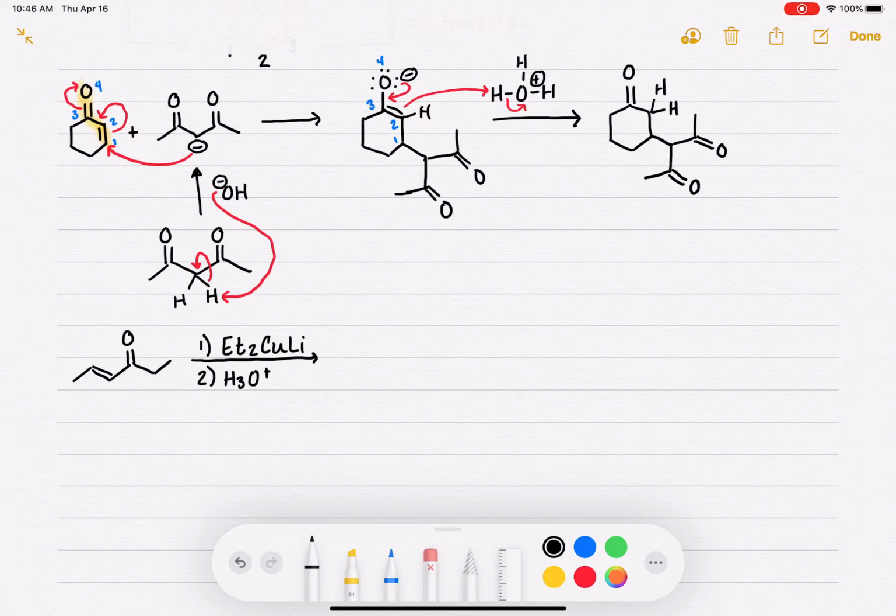The hardest part for me with Michael addition reactions is that I usually don't recognize them. When I see them, the reagents are ones that are used in a variety of different reactions, and the Michael addition reaction in itself is not super common. So the hardest part is just knowing that I'm looking at it when I'm actually looking at it.